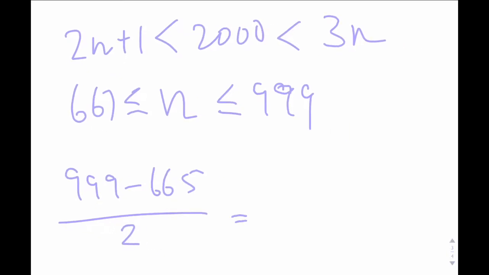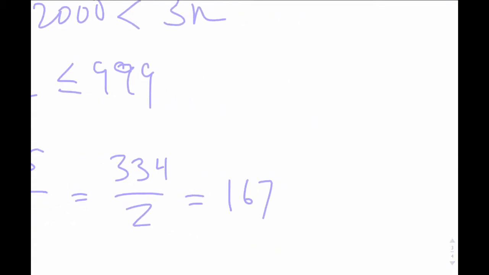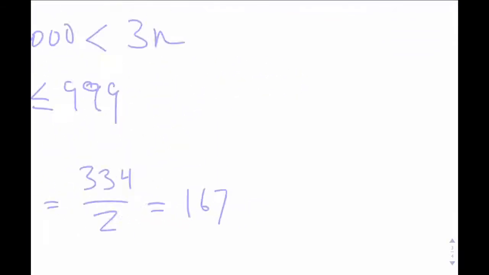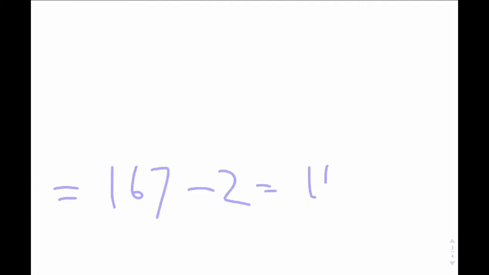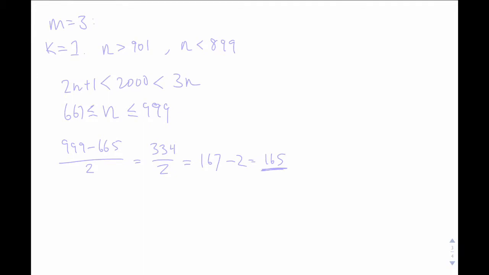This is equal to 334 divided by 2, which is equal to 167. But remember that we need to subtract 901 and 899, for a total of 165 for when m equals 3.